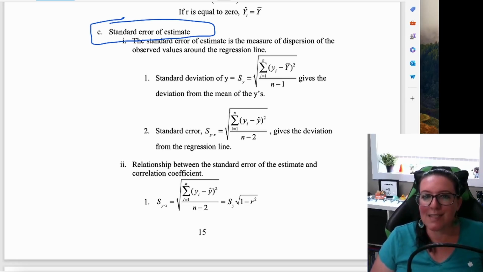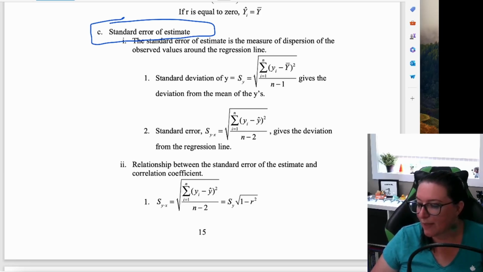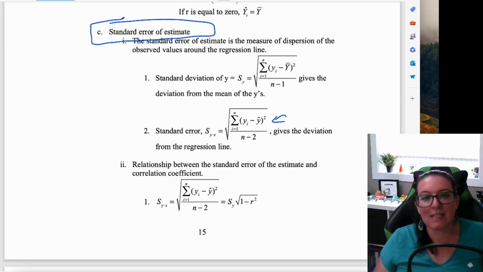Okay? Now, standard error is what we're focusing on here. And standard error is the sum of the differences between the actual values of y minus the predicted values of y. That's the part we're looking at here. So actual minus predicted, squaring that difference, and dividing by n minus 2.